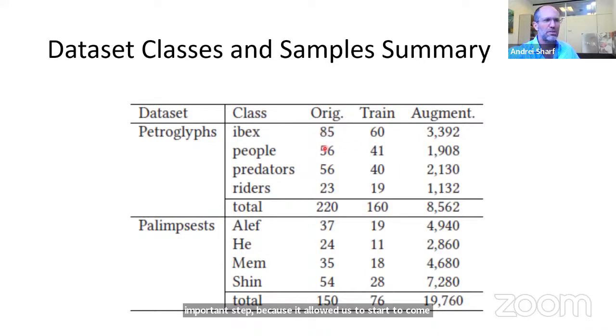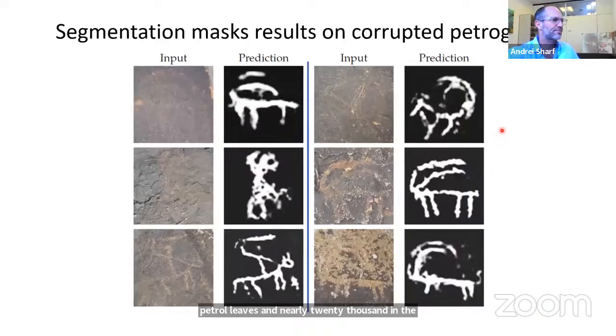Here we start with, in the hundreds of ground truth artifacts, both for the petroglyphs and the palimpsests, not more than hundreds. And we were able to get to thousands, nearly 10,000 in the petroglyphs and nearly 20,000 in the palimpsests, which is something that the networks could work with.